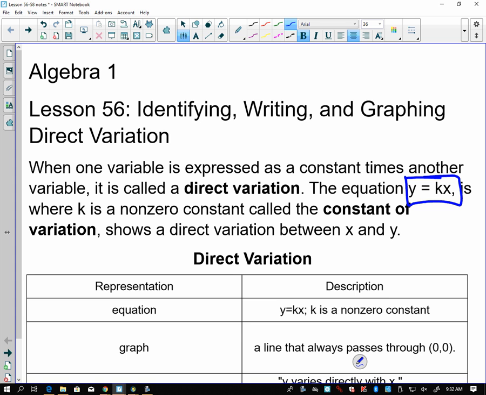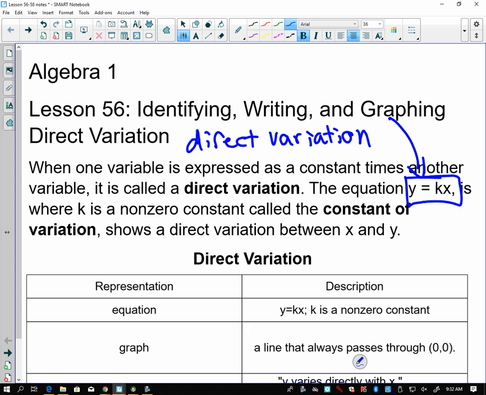Well, the reason we call this direct variation is because there's something that is opposing to direct variation, which we'll learn about later, and that's called inverse variation. Okay, so just so we understand that this is direct, something else will be different. Okay, so if I'm going to write a note somewhere, and I should be keeping notes, I'm going to say direct variation, right?